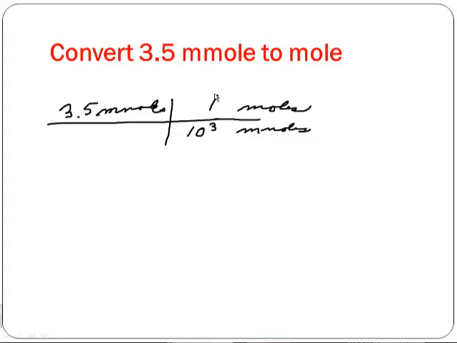And of course, I don't need to do anything with the 1 because anything multiplied by 1 is equal to that number. So if I say 3.5 millimoles times 1 mole, that's equivalent 3.5, the same, then divide.